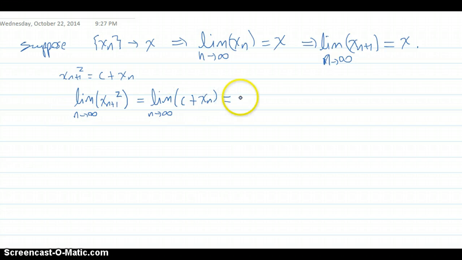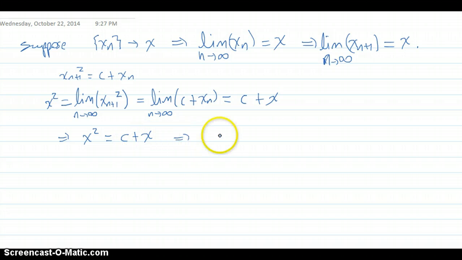Well, this is C plus x because the limit of x_n is x. And the limit of x_{n+1} squared is really x squared. So x squared is C plus x, or x squared minus x minus C equals 0.